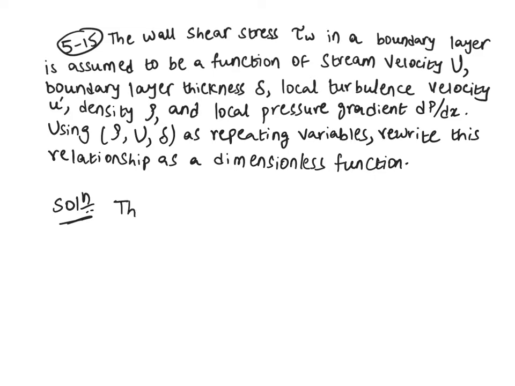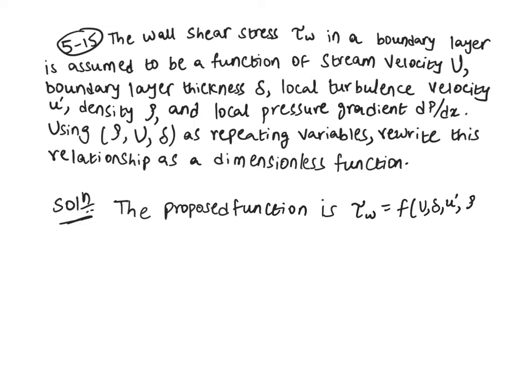The proposed function is tau W, which is shear stress, is equal to a function of capital U, which is the stream velocity, boundary layer thickness delta, local turbulence velocity u prime, density rho, and pressure gradient dp by dx. We'll be solving this problem using Pi theorem.